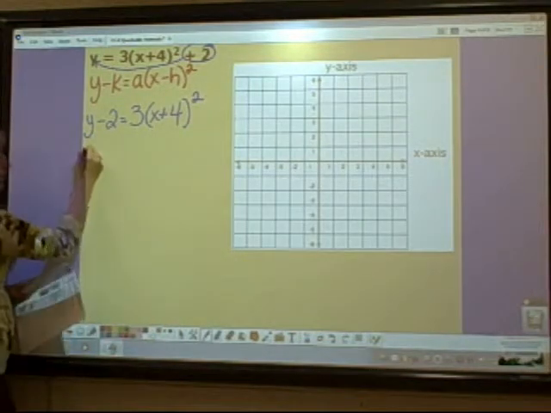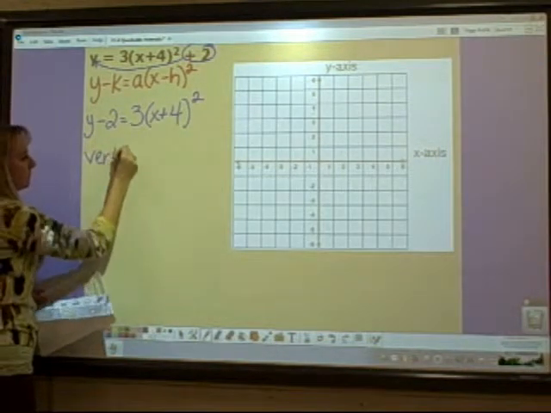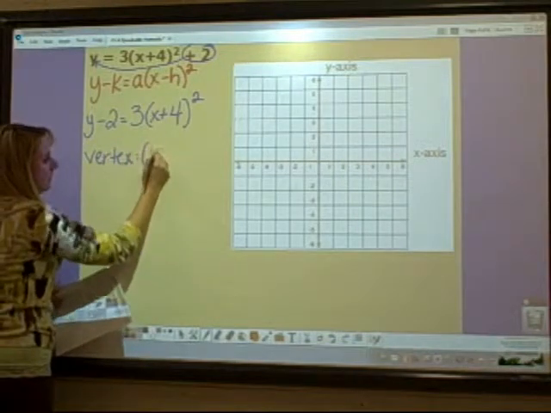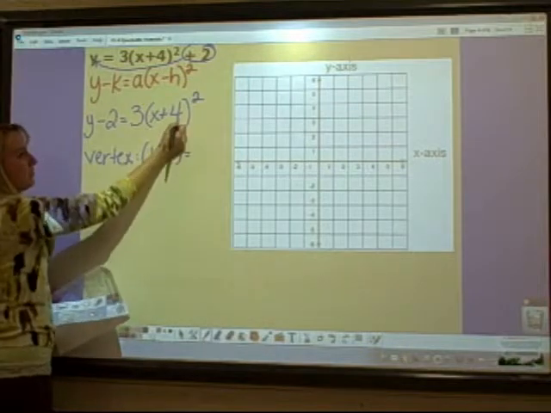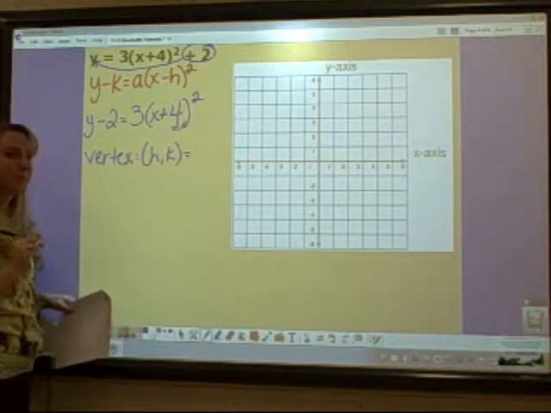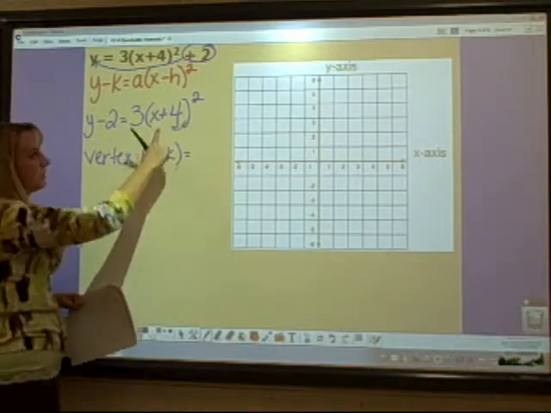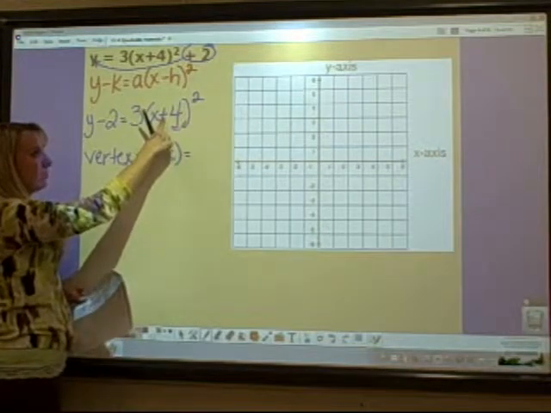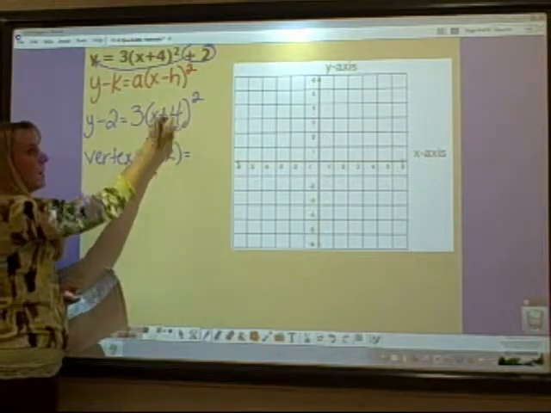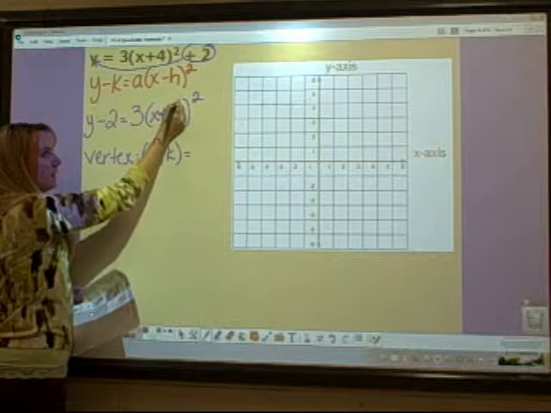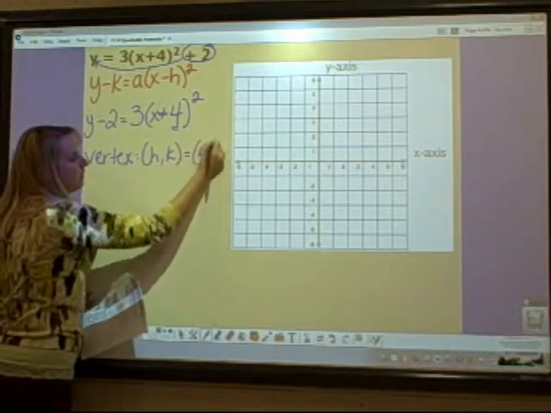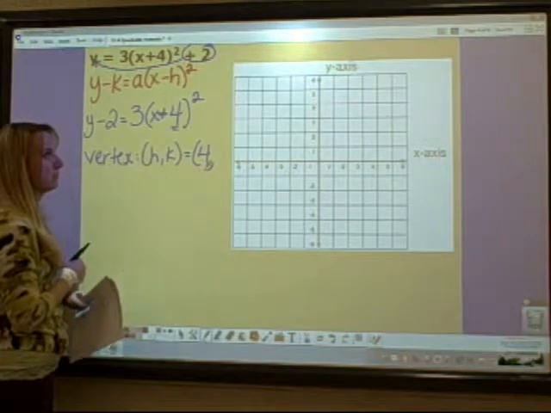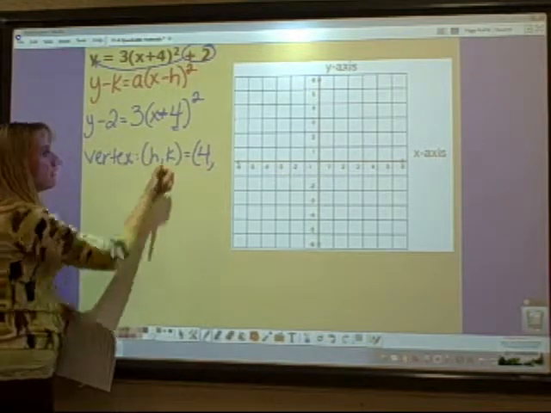So our vertex is (h, k). In the h spot is a 4, but be very careful because it's supposed to be a minus sign. Well, how do we get a minus sign there? I'd have to make this a negative. So this is actually going to be a negative 4 for our h, because I can rewrite this as a minus negative.